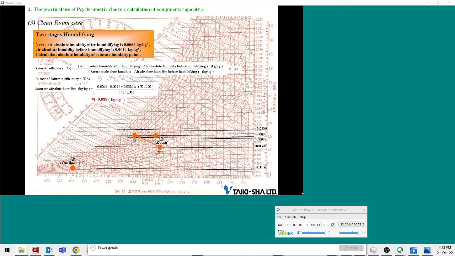0.5 shows the condition of the air before humidification, while 0.6 shows the condition of the air after humidification. The outdoor air is heated shifting from 0.3 to 0.5 and humidified shifting from 0.5 to 0.6. Then it is heated shifting from 0.6 to 0.5 and humidified shifting to 0.6.